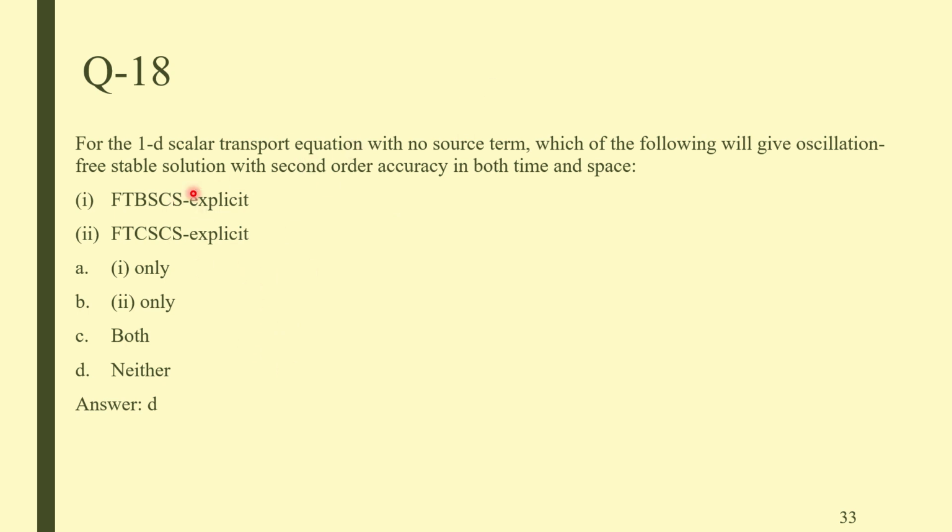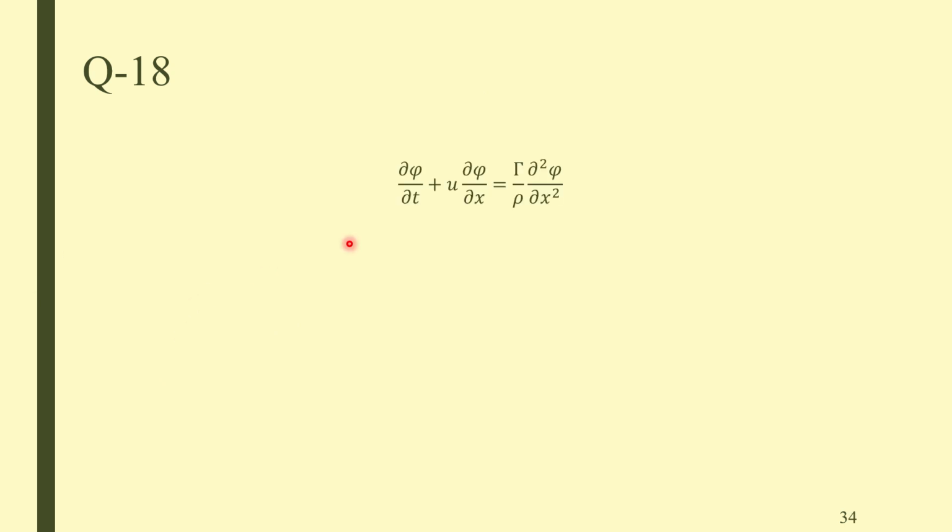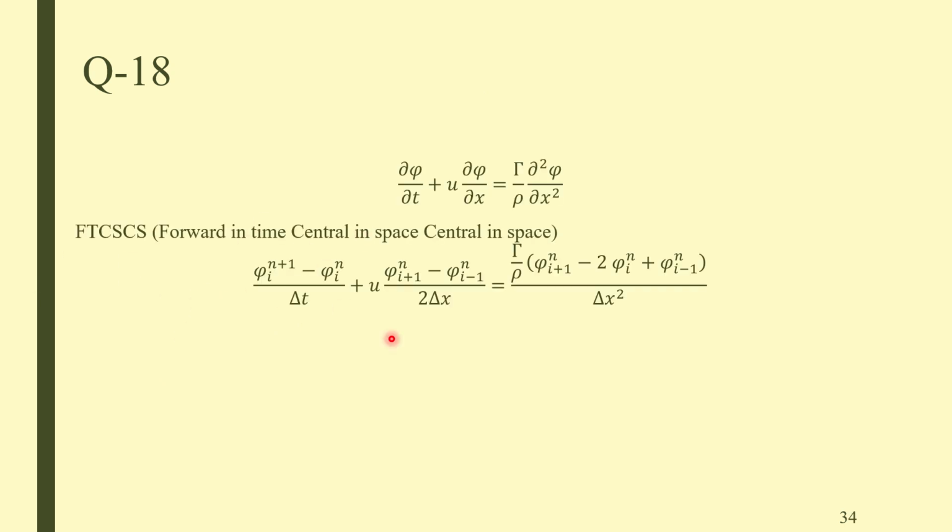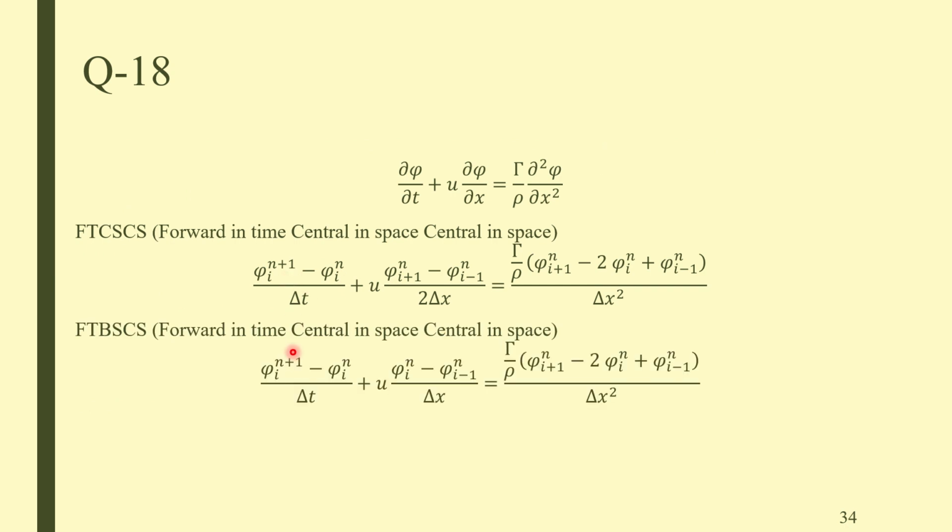That is forward time, backward space, central space, and forward time, central space, both are false because they are using forward in time, which is a first order accurate scheme. So it is first order with respect to time, whereas in the question it is mentioned that it should be second order accurate with respect to time as well as space. So both of the options are false. So we can neglect both the options. We'll go to question 19.